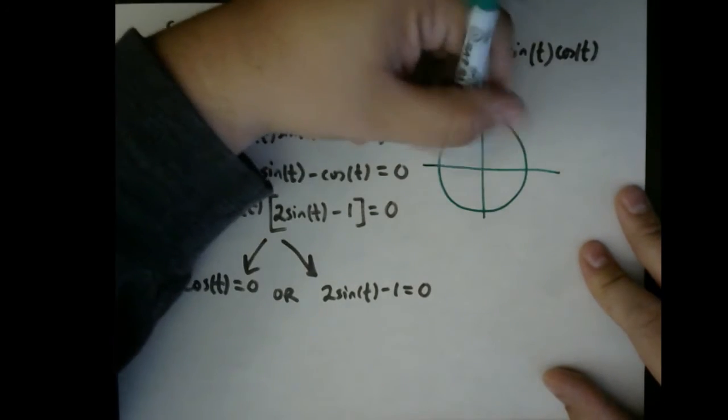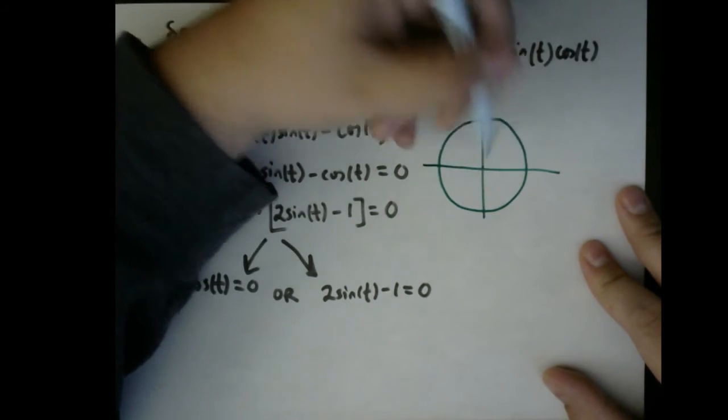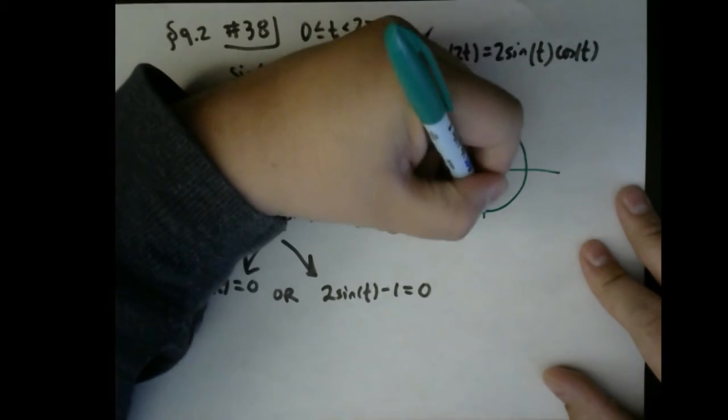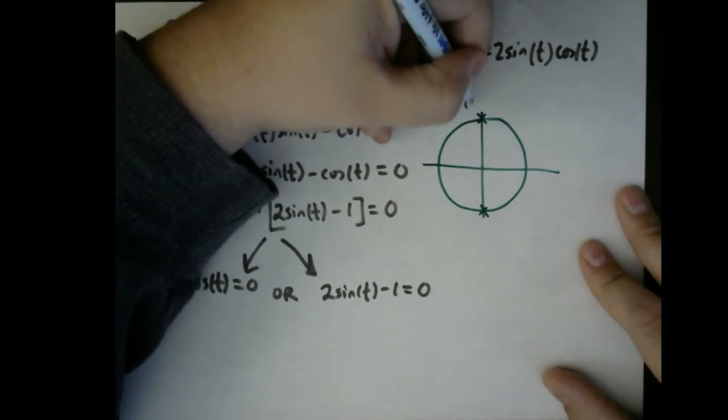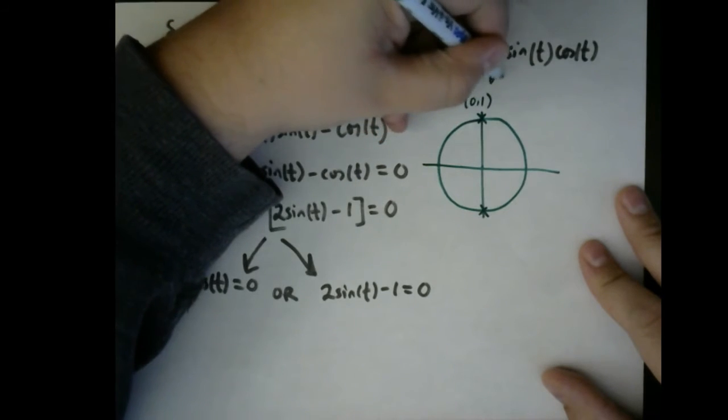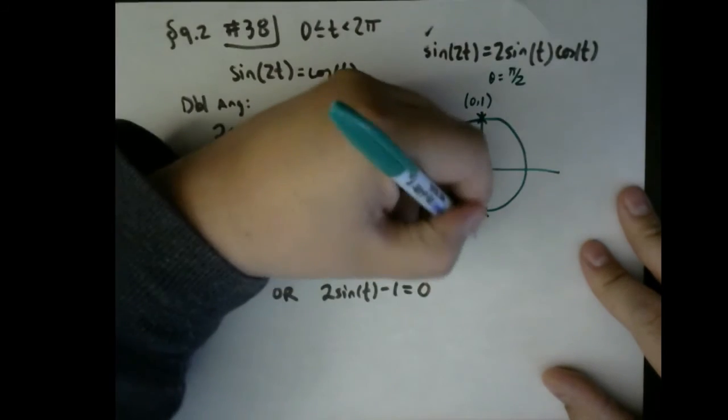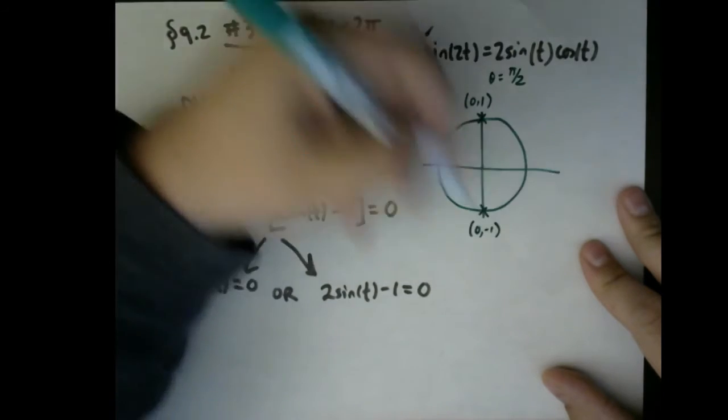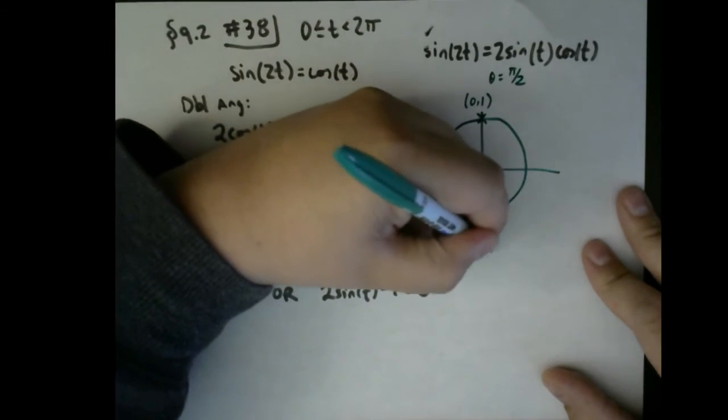That means I'm having no horizontal movement away from the origin. Well, that's these two positions here. This one has coordinates 0, 1. It corresponds to the angle pi over 2. And this one has coordinates 0, negative 1, and it corresponds to the angle 3 pi over 2.